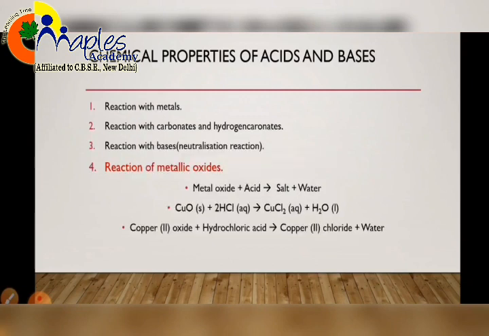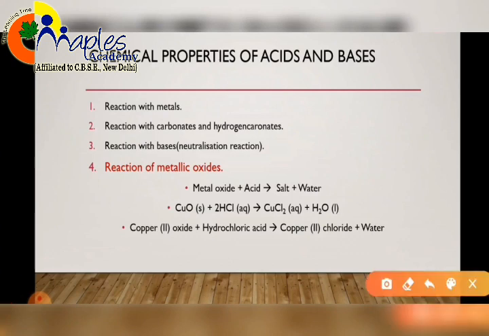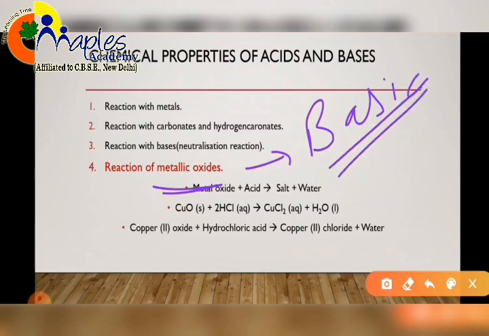Next, the last comparison between the chemical properties of acids and bases is the reaction of metallic oxides. One thing to note is that metallic oxides are basic in nature. They have the characteristics that bases have.